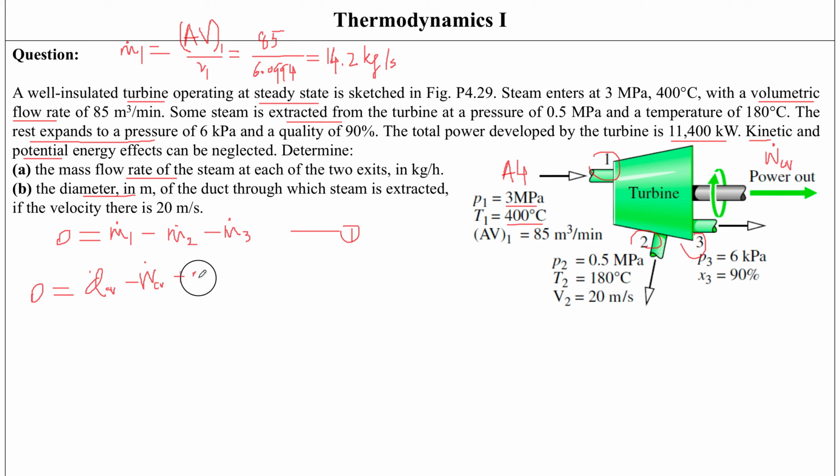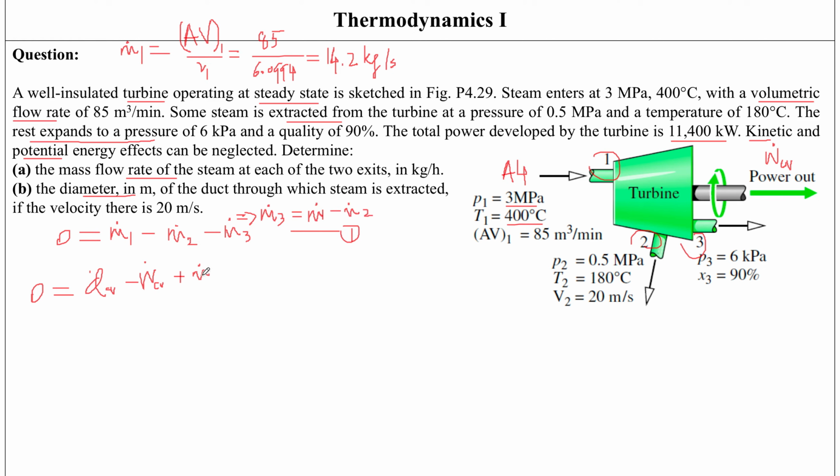plus m dot, and now because m dot 1 is not equal to m dot 2, okay, because if you were to write this, let's say you could write it in terms of m dot 3, one of the outlets, and that's going to be m dot 1 minus m dot 2.